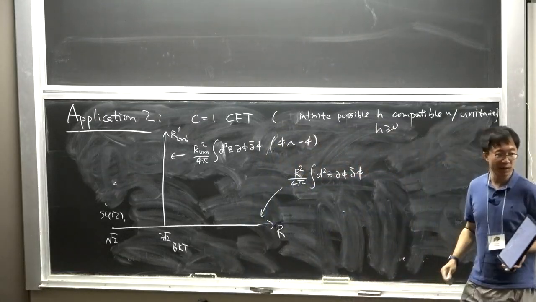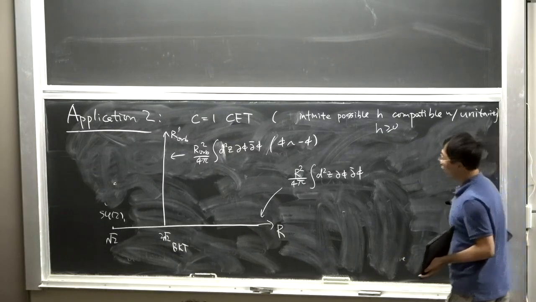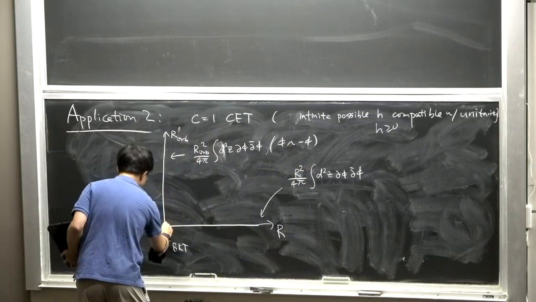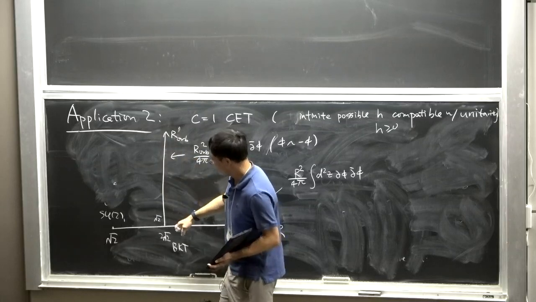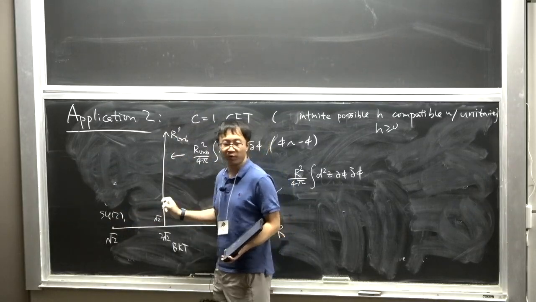That implements the charge conjugation orbifold. In terms of the orbifold radius, R orbifold, this point corresponds to square root 2. In other words, from this description, this point arises from SU2 level 1 by gauging a Z2, doing an orbifold by Z2.